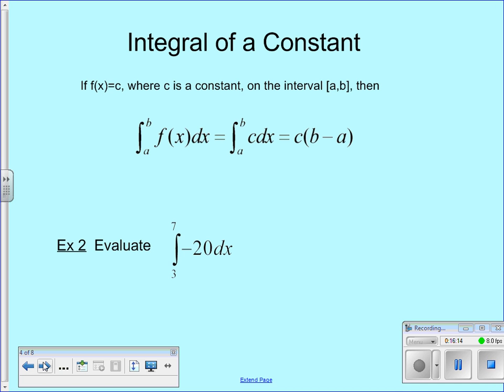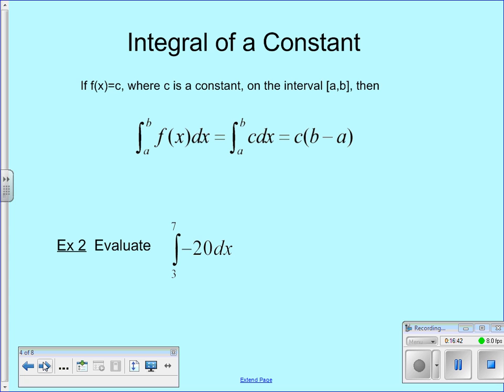Okay, few rules. Integrals of a constant. If f of x equals c, a constant value, on the interval from a to b, then the integral from a to b of f of x dx is equal to the integral from a to b of c dx. That is the constant times b minus a.